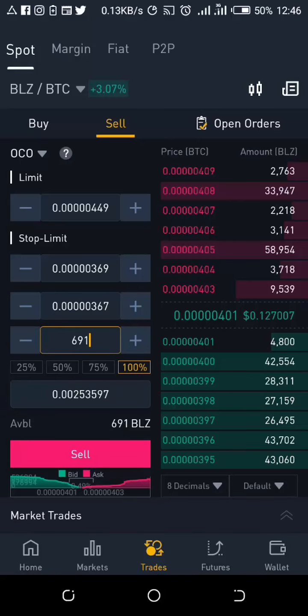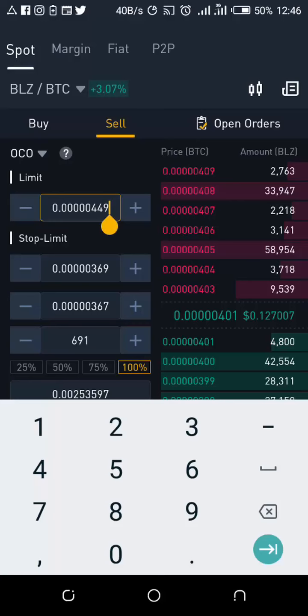Okay, I hope this is clear. This one is what? Our take profit. This one is what? The trigger price that makes this one to be executed. So okay, let me explain it again. Look at this, the market price is 401 Satoshi, right?